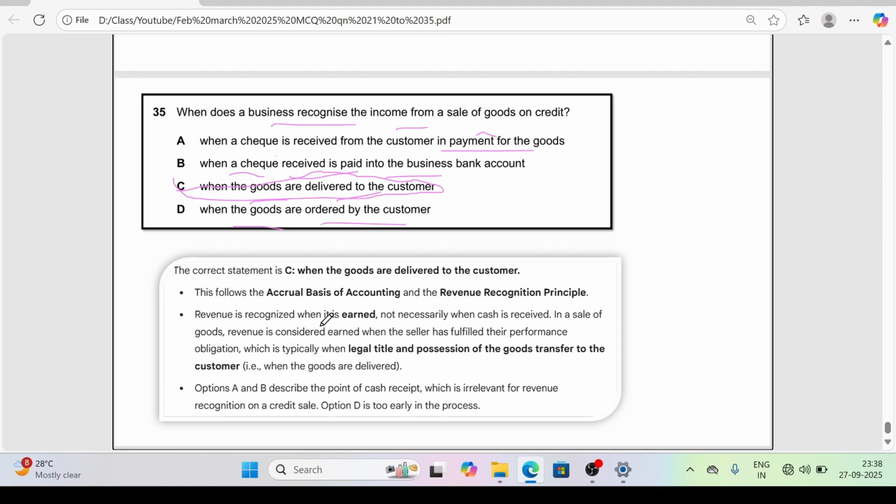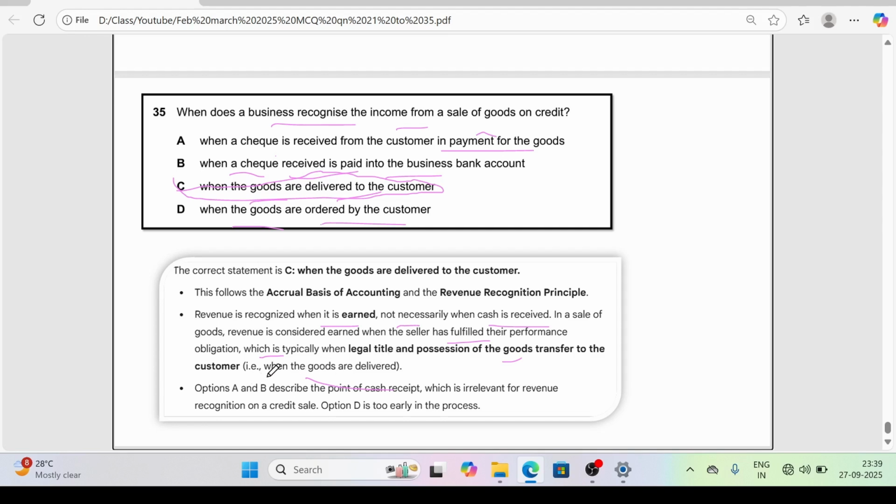Revenue is recognized when it is earned, not necessarily when cash is received. In a sale of goods, revenue is considered earned when the seller has fulfilled their performance obligation, which is typically when legal title and possession of the goods are transferred to the customer, when the goods are delivered. This is the accrual concept.